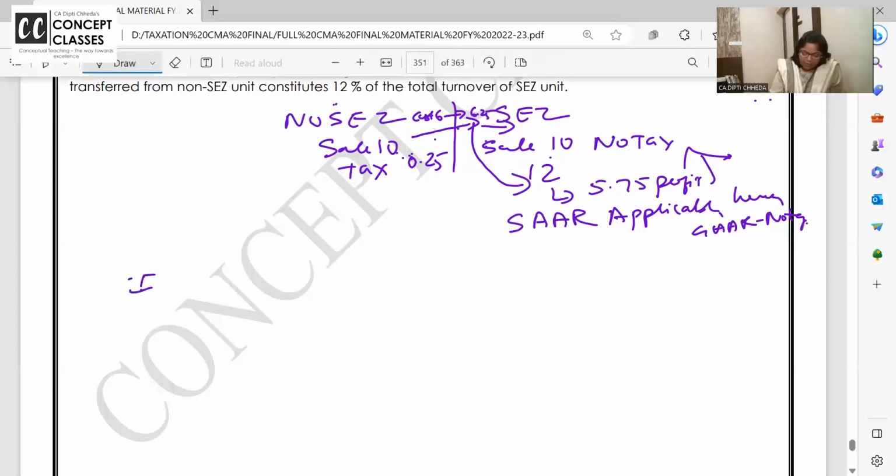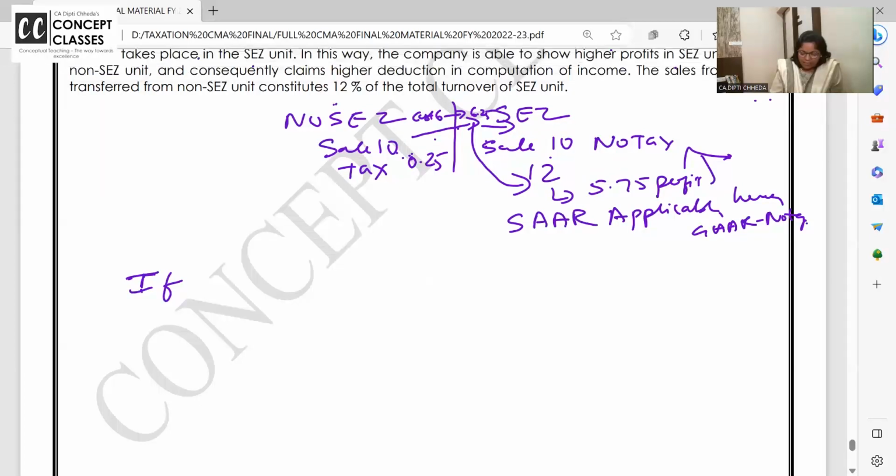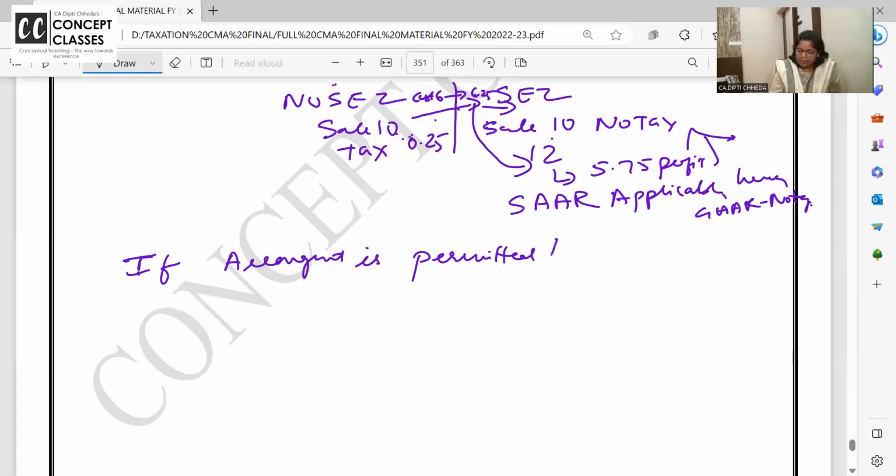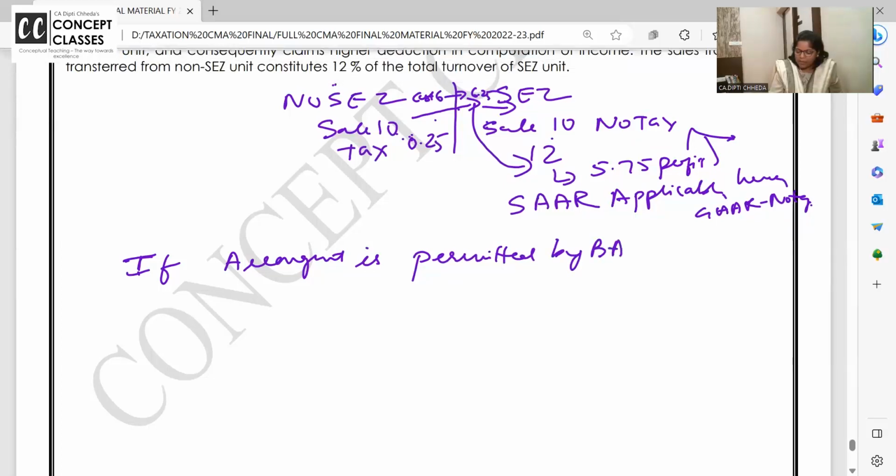Okay, one more time the question asked is, if an arrangement, write down here only, if an arrangement is permitted by BAR, you all know what is BAR?